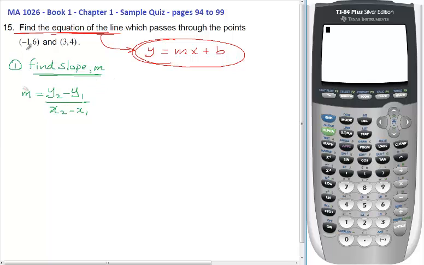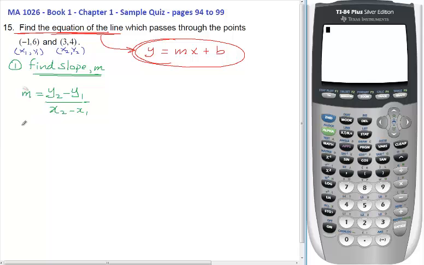Now I'm going to call 3 x2, therefore 4 becomes y2, doesn't it? Because x2, y2 are in the same ordered pair. Therefore negative 1 has to be x1 and 6 has to be y1.